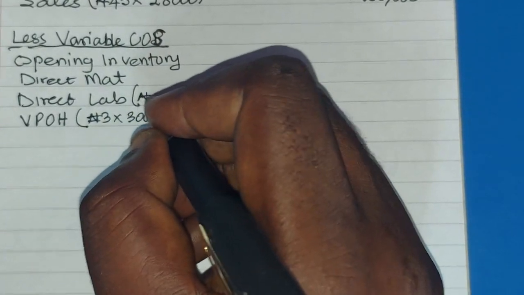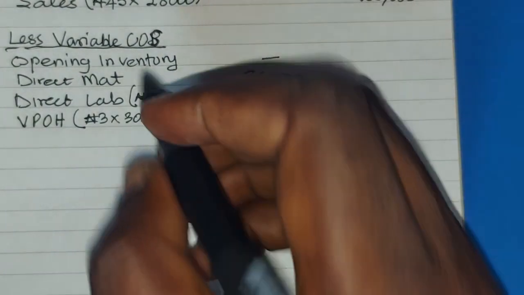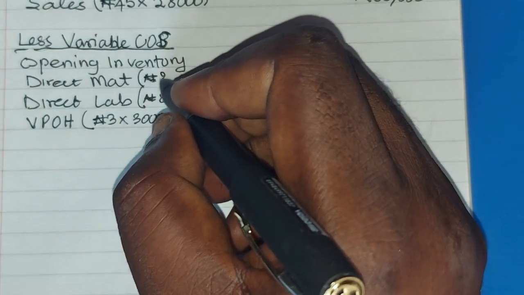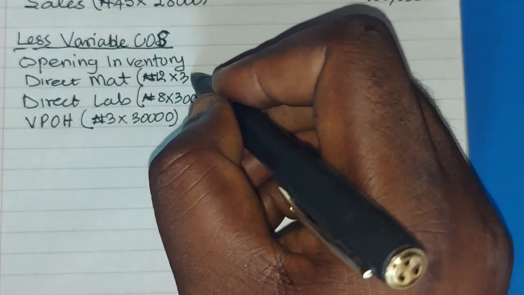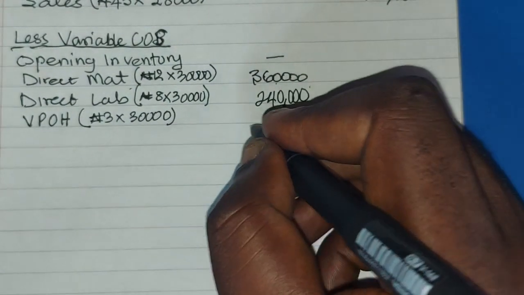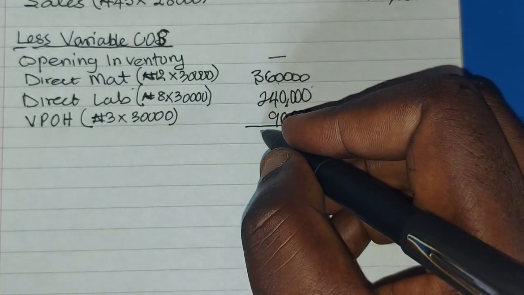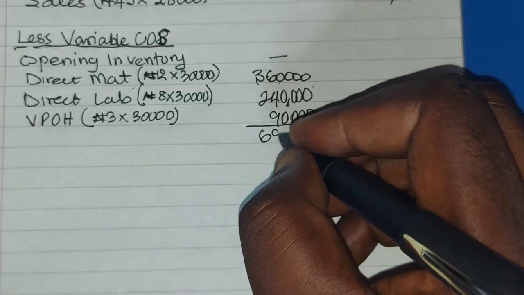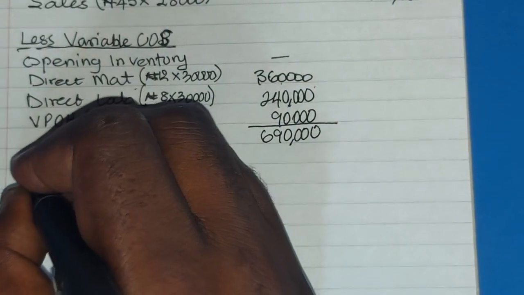This is 8 naira times the production units, to give you 240, while this is 12 naira times the production units. 12 naira times will give you 360. So when you add this, it's going to give you 690,000.